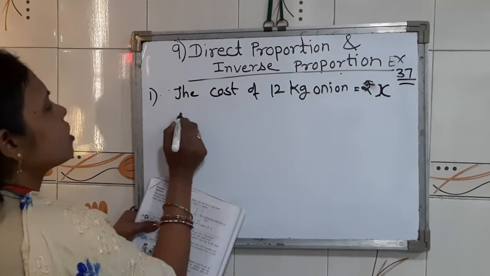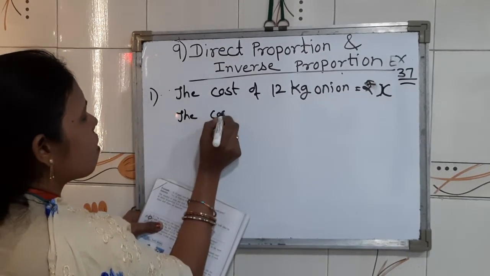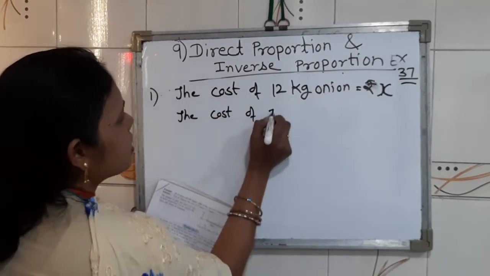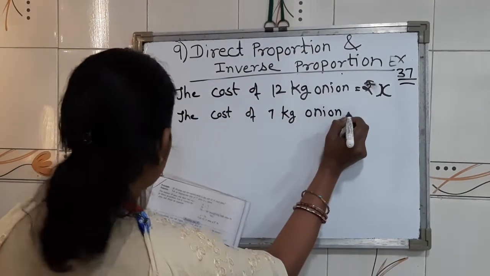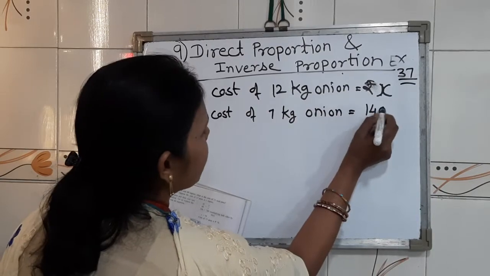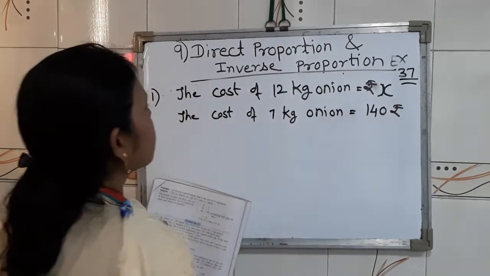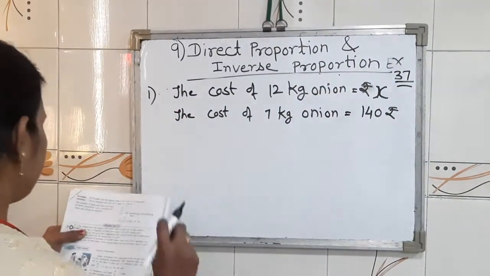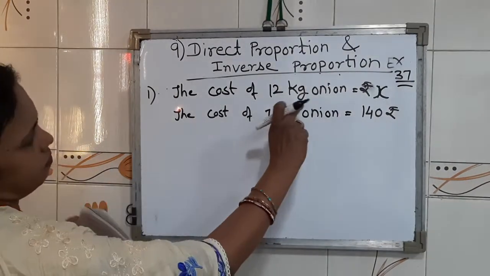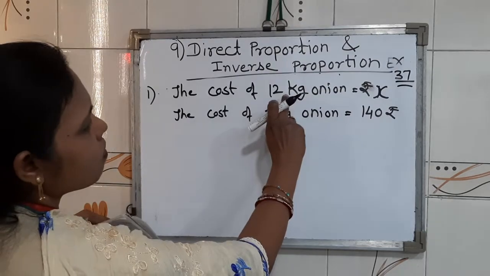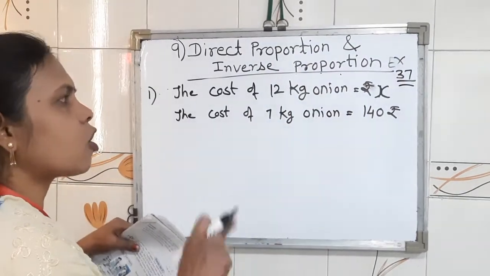Now here the cost of 7 kg onion is given, 140 rupees. The direct proportion is between the quantity of onion and the cost of onion.